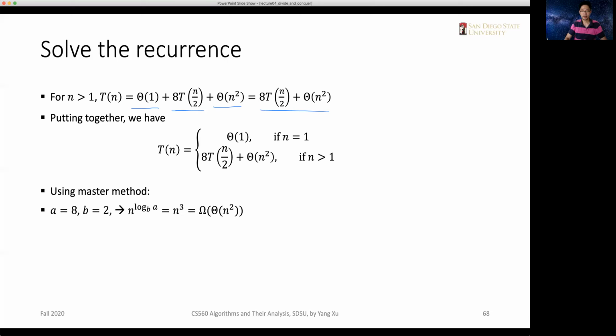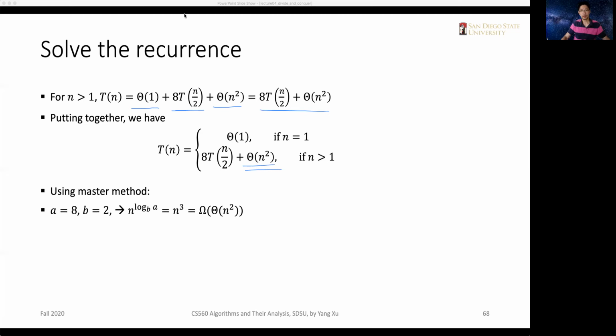Right? We have A equals 8, B equals 2. So the logarithm base B of A is 3. So the polynomial function is n cubed, n to the power of 3, which is the upper bound and is larger than f here. f is a quadratic function.